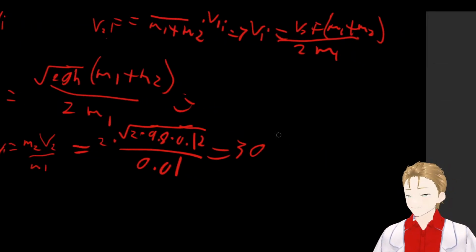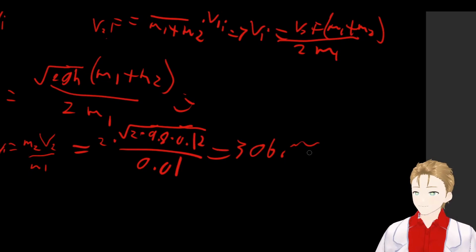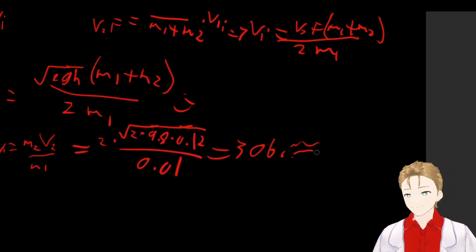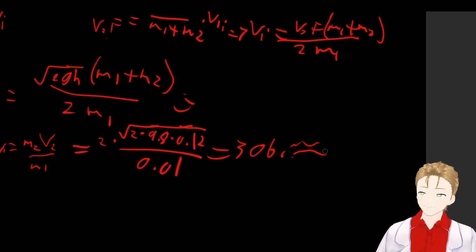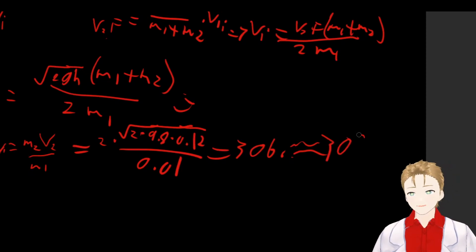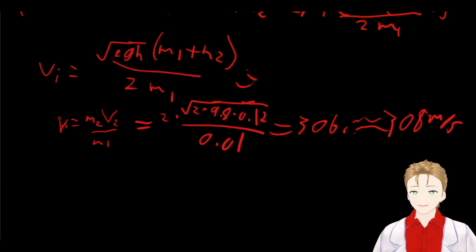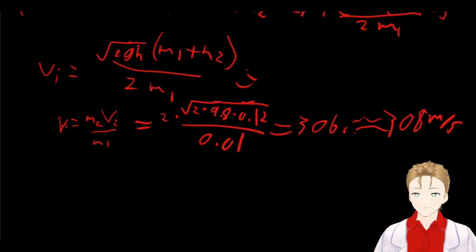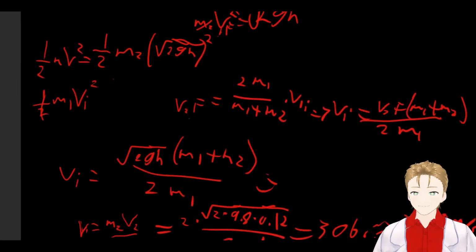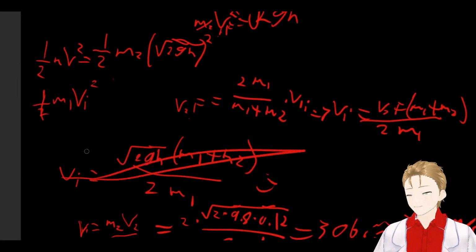Well, it's actually about 306 point something, but if we round the square root first, then we get something like 308 meters per second as the initial velocity for the bullet. Wow, it was that simple. Okay, so not that.